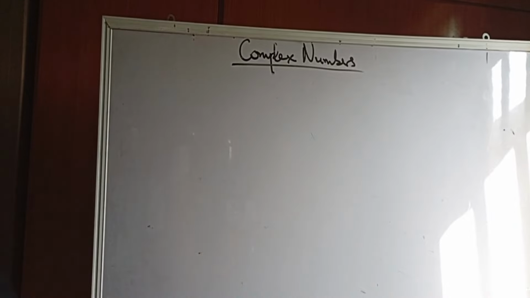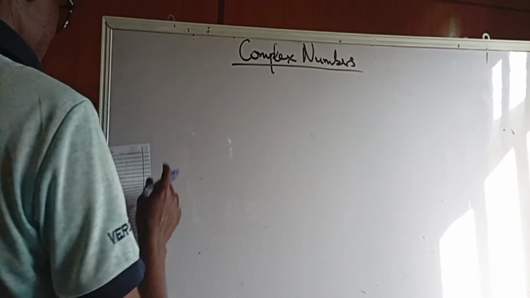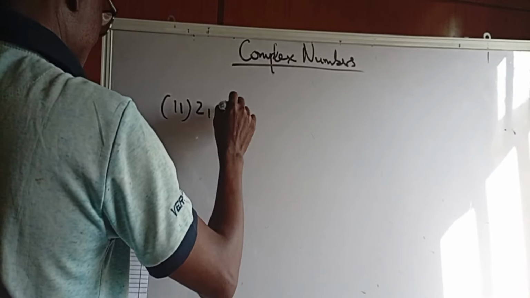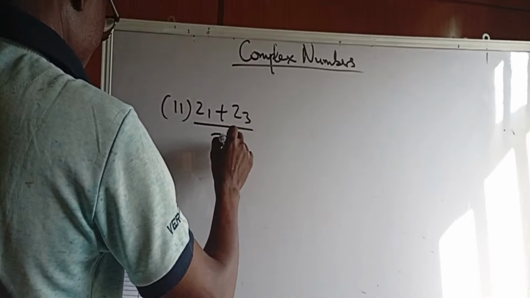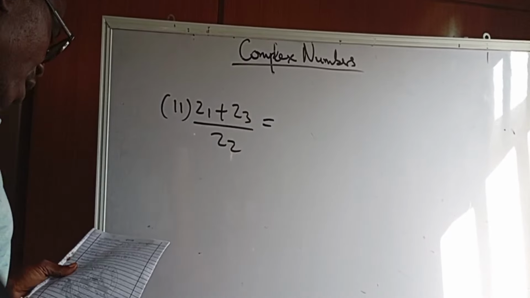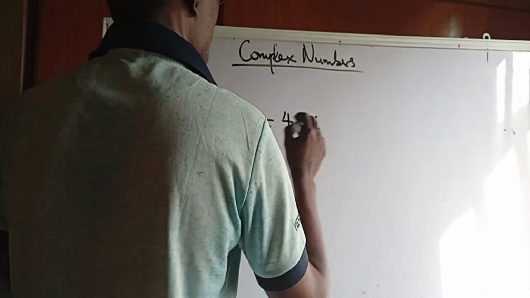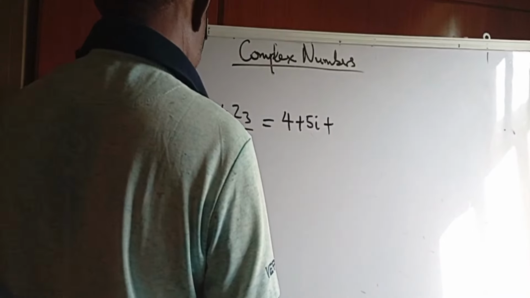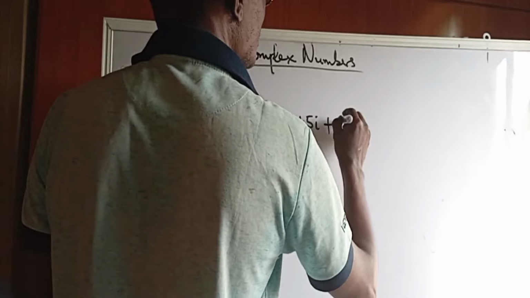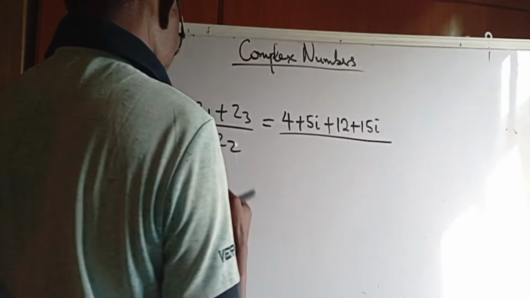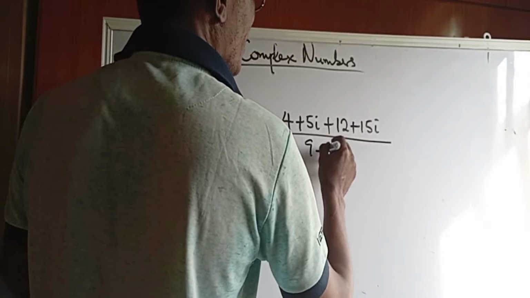Now, let's look at the next one here. The next one says Z1 plus Z3 all over Z2. Okay. And what is our Z1? We have 4 plus 5i. What is our Z3? 12 plus 15i, all over Z2, which is 9 minus 5i.